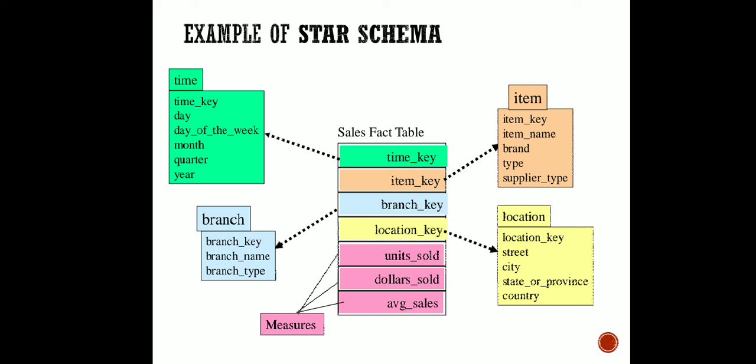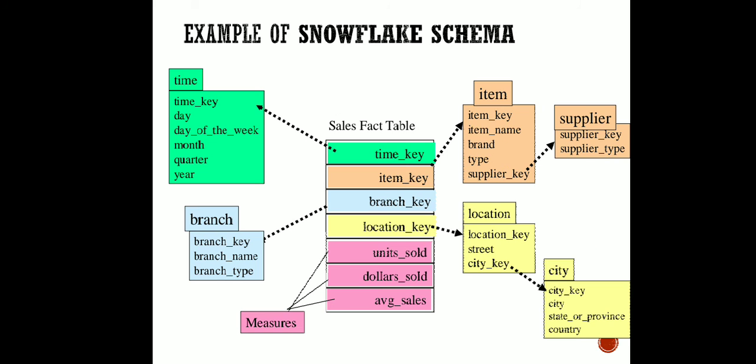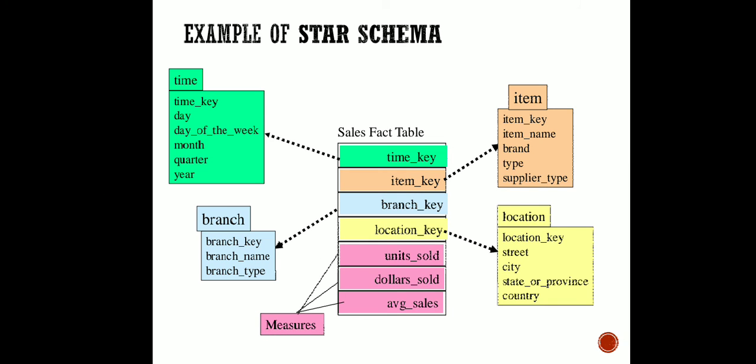Okay, another way of representation, you can see here, the structure is like a snowflake. That is why the name is snowflake. Along with it, it is having some fact table. Remember another thing, if we revisit the star schema, you can see it is having only one fact table and more than one dimension table.